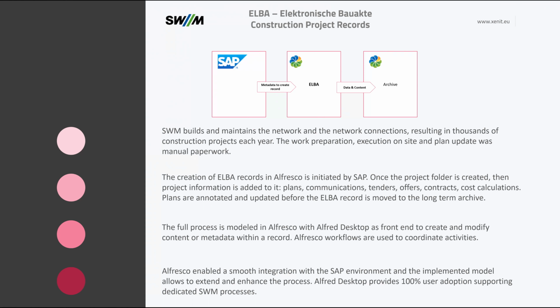From there, they push the button and give a command to Alfresco to create a project structure. It's a smart folder which contains scripts to assist and guide the users in executing their work.